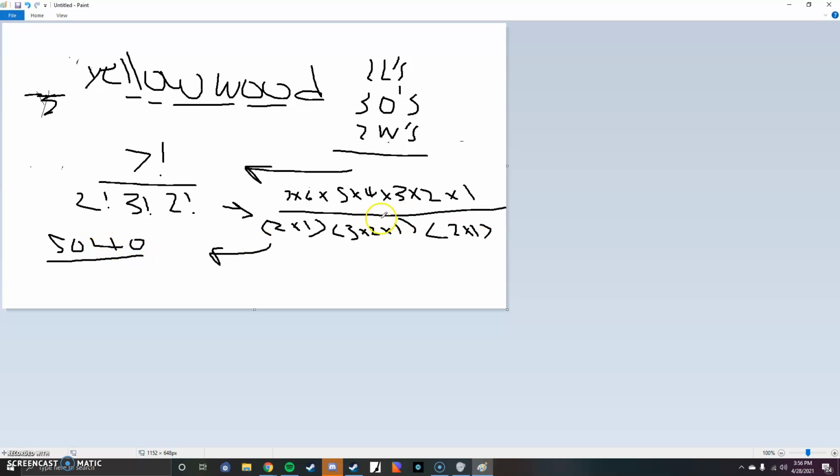We have 5,040, and then we have 2, and then 6, and then 2. And yeah, I would just multiply again. So 2 times 6 times 2 is 24. And then you would divide it finally, and it would be 210.